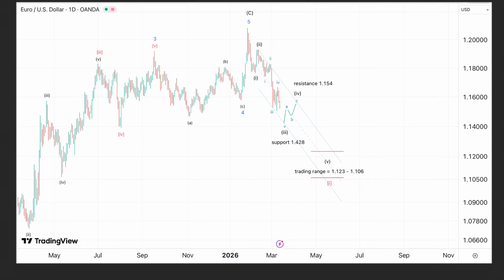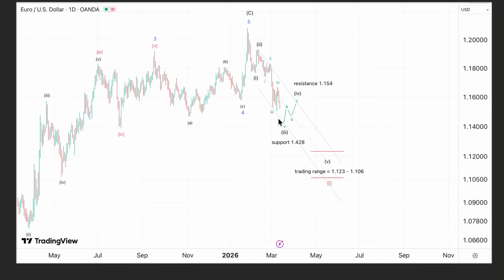This is also in log scale. So first here we have an intermediate 1, intermediate 2, and this would be a sub 1, sub 2, sub 3. I have this right here as a rule of alternation. These are opposites in a sense.